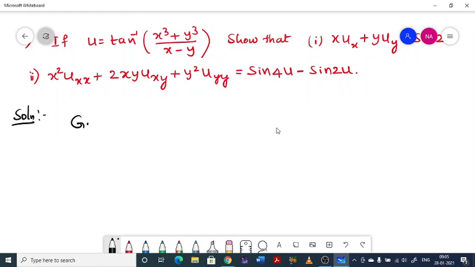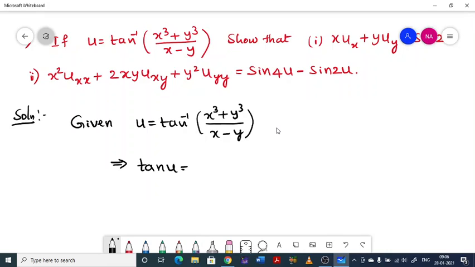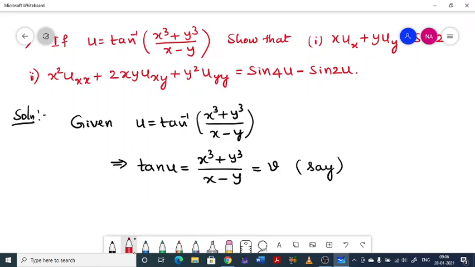Solution. First, given u equal to tan inverse of (x cube plus y cube) divided by (x minus y). As I said, since we have an inverse function here, you have to take that to the other side. That will be tan u equal to (x cube plus y cube) divided by (x minus y). This you can call as v. Now look into v.